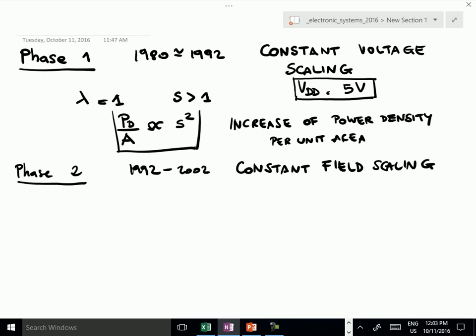So the electric field, which is the ratio of a voltage over a length, becomes constant, and therefore in our terms it means that we keep lambda equal to S. So we scale with the same ratio both lambda and S.